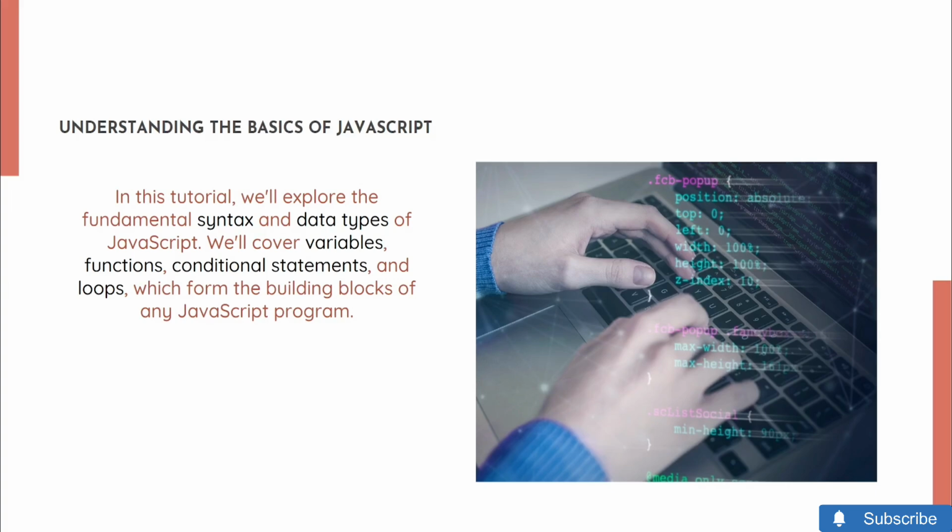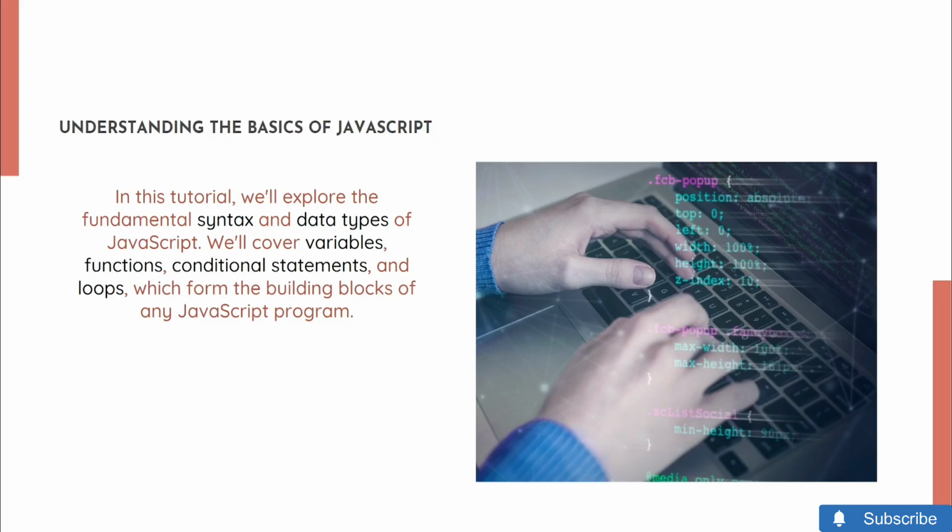We will learn what a variable is, what a function is, how to use a conditional statement, and also different kinds of loops. Let's say you want a particular answer to print on a regular basis, in a loop. It will also show you how to use a loop, which forms the building blocks of any JavaScript program.